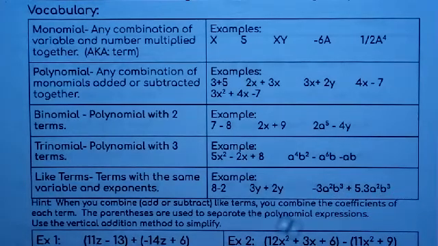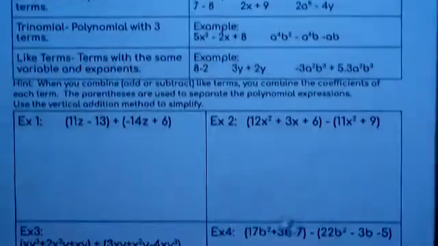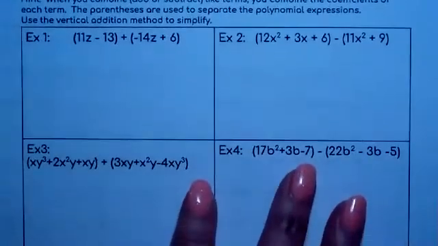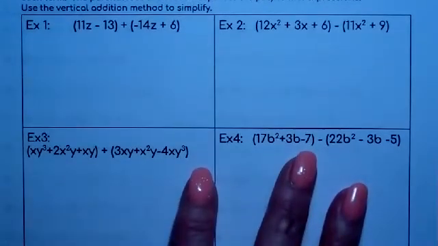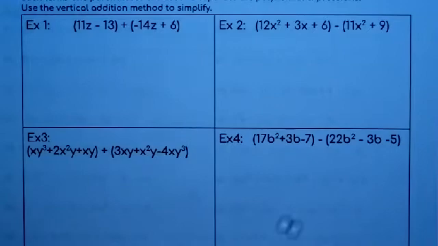Okay. Now, what we're going to do today is look at what is considered adding and subtracting polynomials. Well, honestly, all we're really going to be doing is combining like terms. Now, there are several methods to showing your work. What we are going to use is the vertical method.